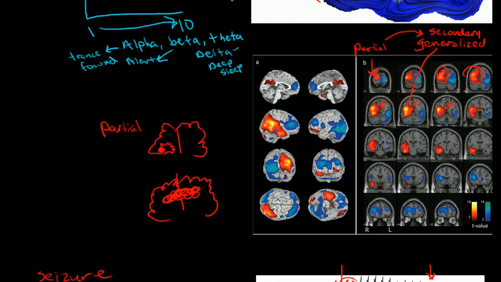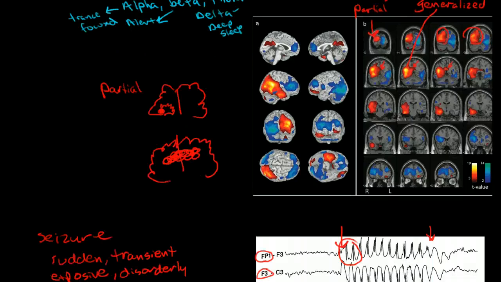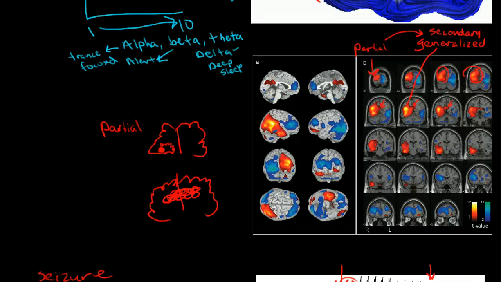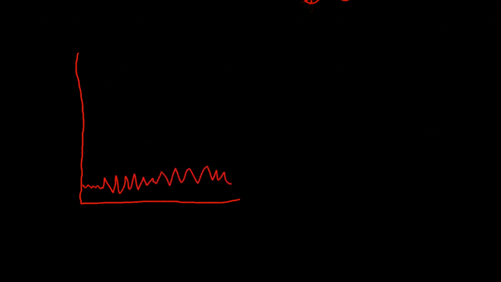Okay. Before I end this discussion of seizures, I wanted to talk briefly about status epilepticus. Now, status epilepticus, if we had an EEG here, would show continuous seizing that lasts for greater than 20 minutes.